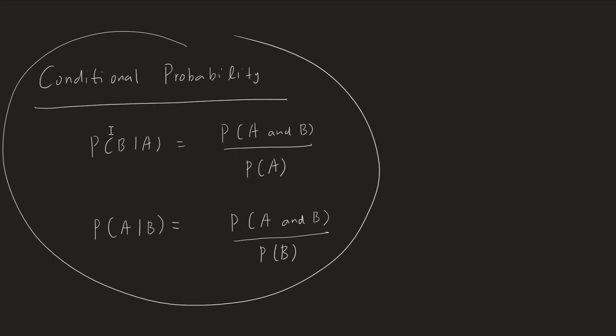So now you're talking. So the probability of B given A would be the probability of A and B divided by the probability of A. You're back to square one.